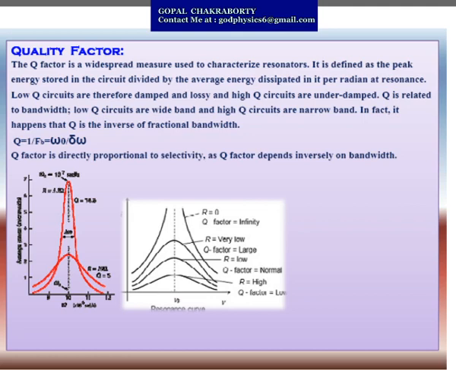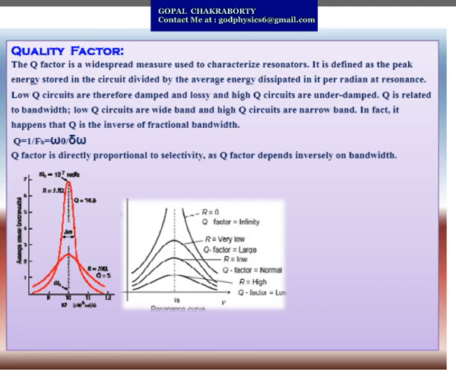Now the next one, the quality factor or Q factor. The graph is here. The Q factor is a widespread measure used to characterize resonators. It is defined as the peak energy stored in the circuit divided by the average energy dissipated in it per radian at resonance.